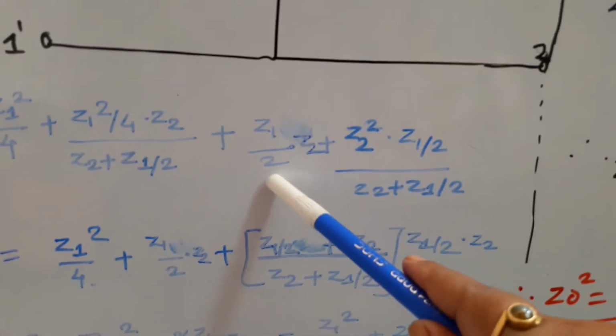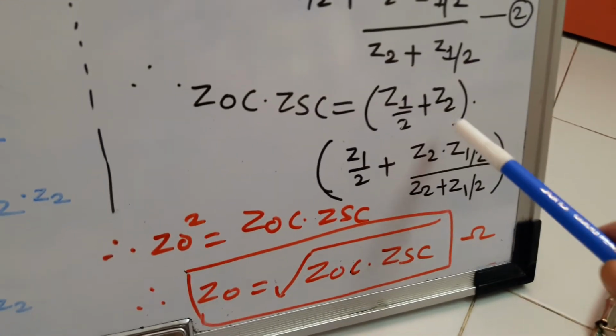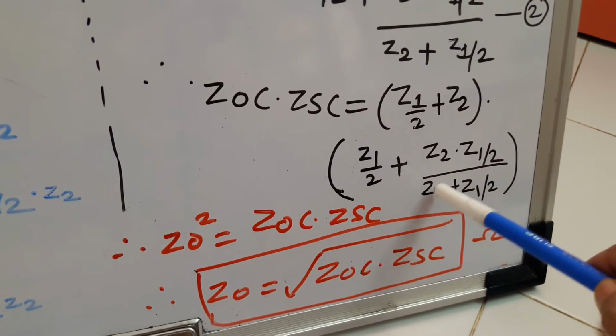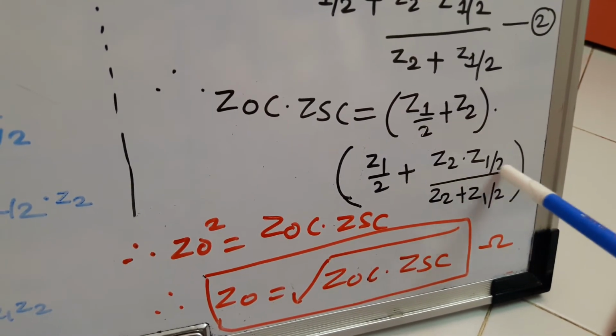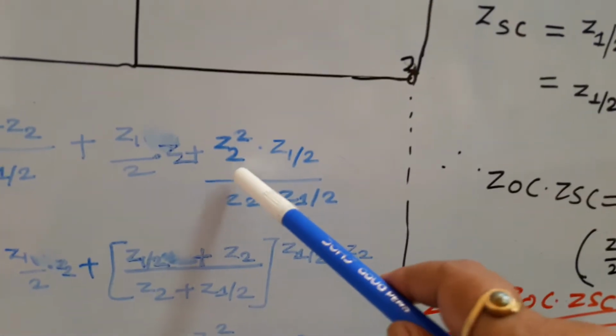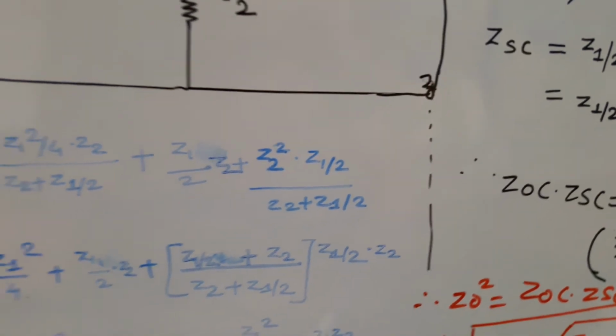The fourth term is Z2 multiplied by Z2 into Z1 by 2 divided by the denominator, so Z2 square into Z1 by 2 divided by Z2 plus Z1 by 2.